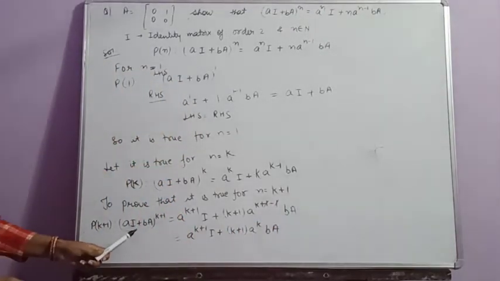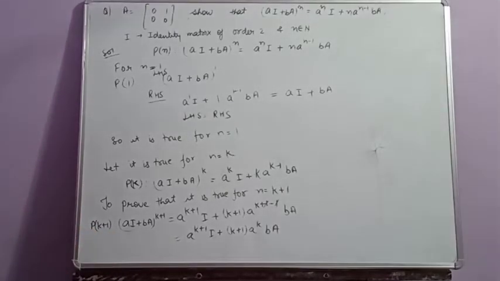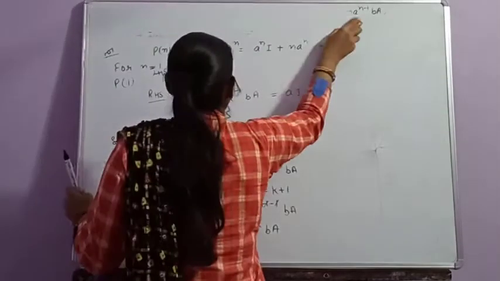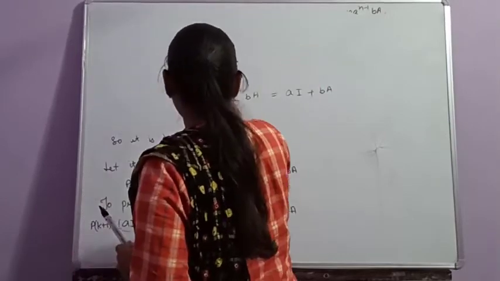So we have to prove that the left hand side is equal to the right hand side. We solve the left hand side and show that it is equal to the right hand side.